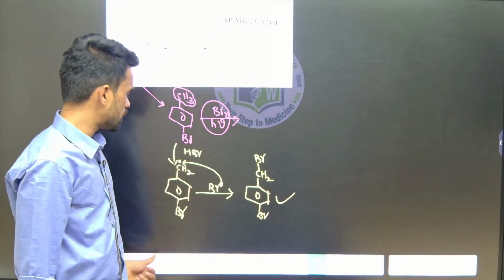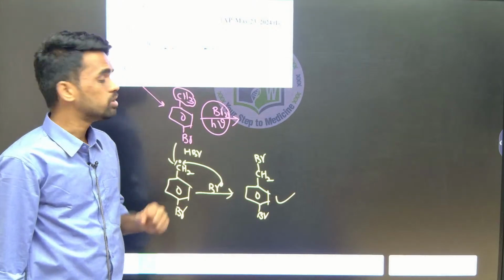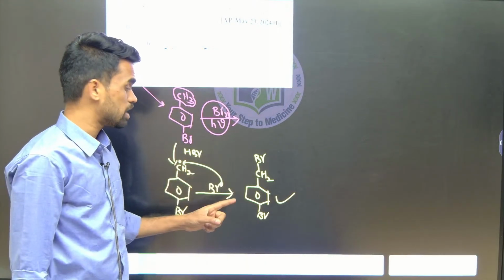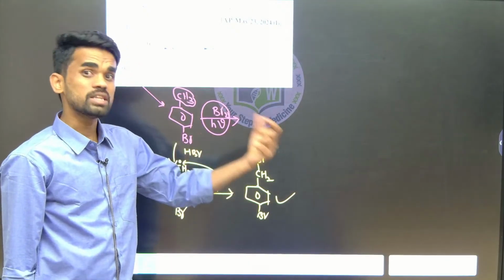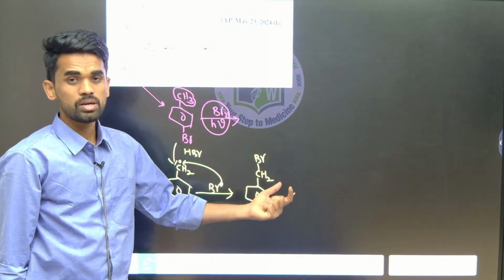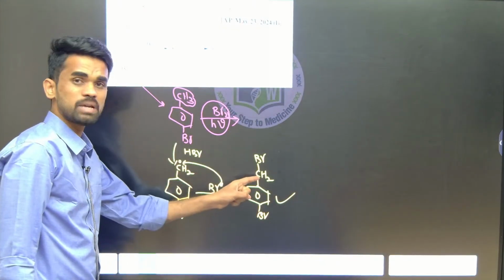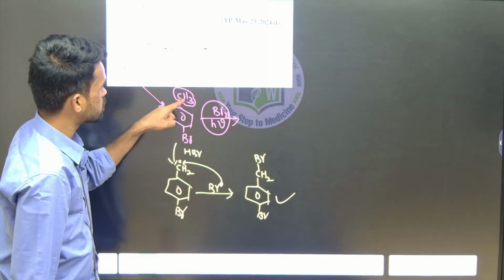The next one here. I told you that writing the product should be based on the products given in the options, because this free radical substitution can take place one time like this. See how many hydrogens are there? Three are there.